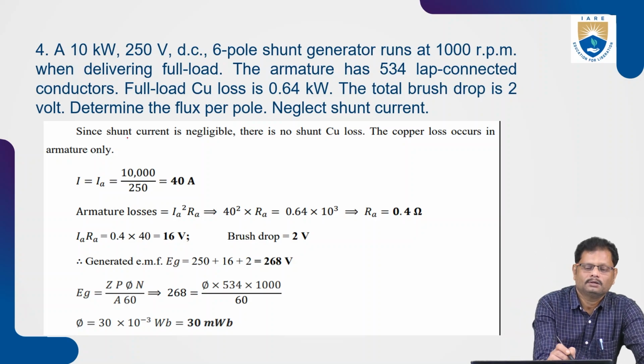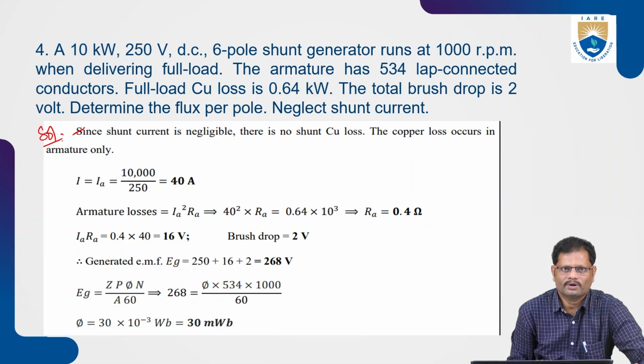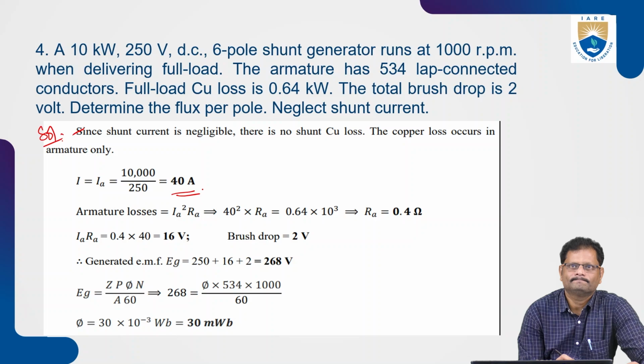So given this, we will come to the solution. First we will analyze the given data. Since the shunt current is negligible here, there are no shunt field copper losses. So only armature copper losses occur, in the armature only. There is no field copper loss. And the current I is given by 10 kilowatt by voltage, so IA equals 40 amps.